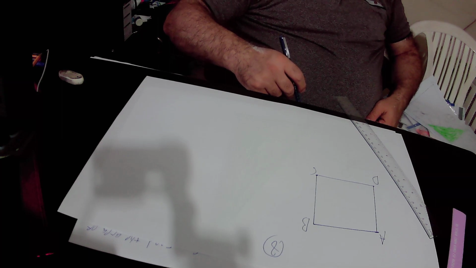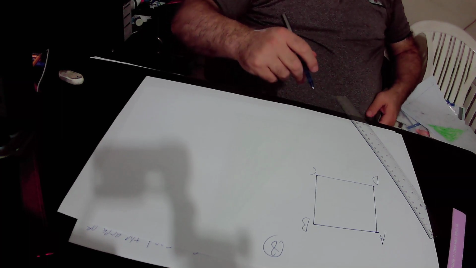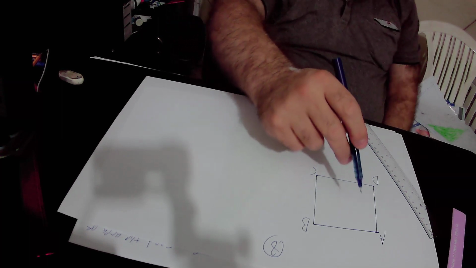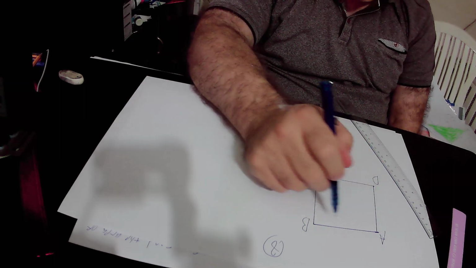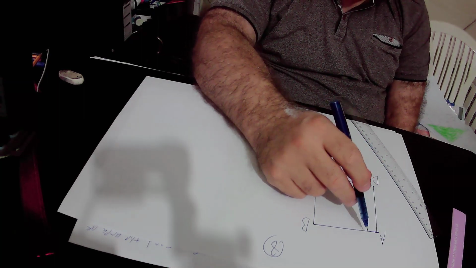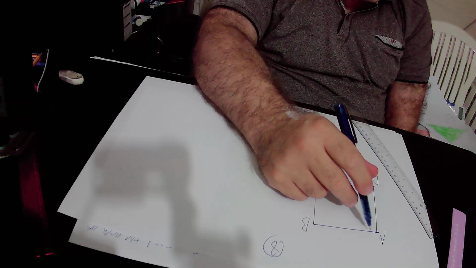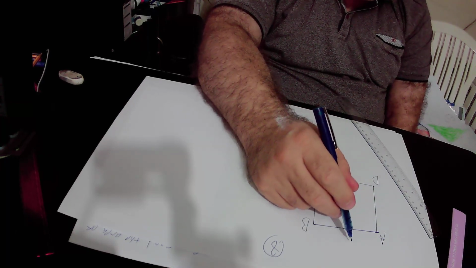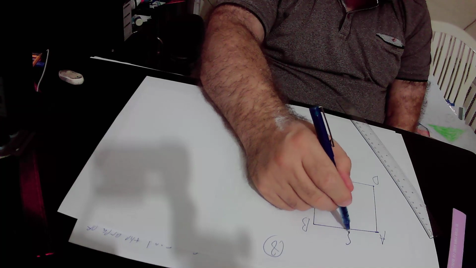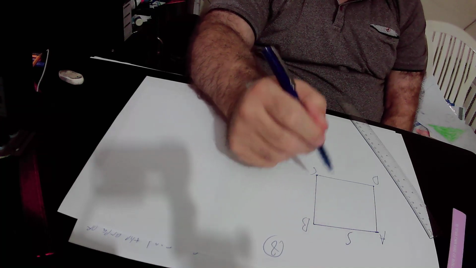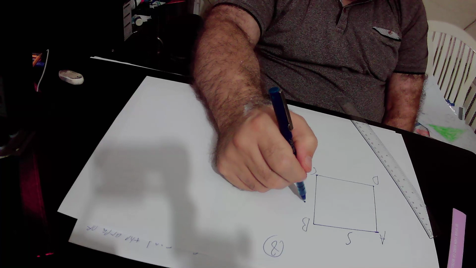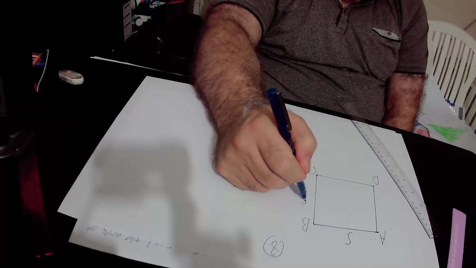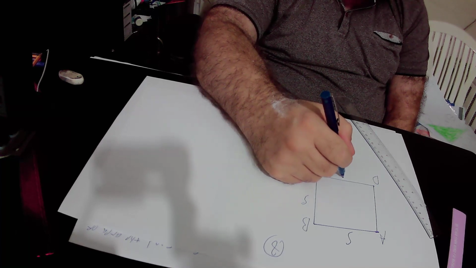And if the length of one side of this square, suppose that the length of side AB is equal to S units, so all the other sides will also equal S units in their lengths.